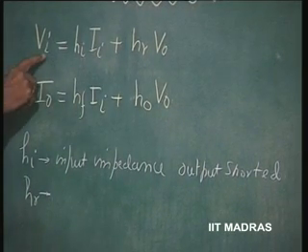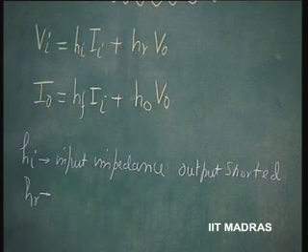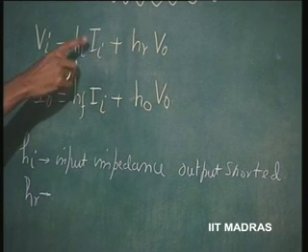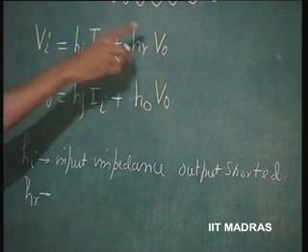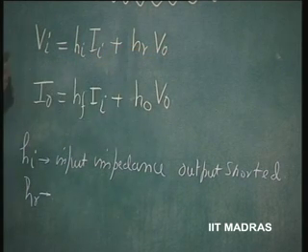Then Hr, it is relating Vi and V naught. When Ii is 0, that is input is open circuited, then if I apply a voltage V naught, how much of it is reflected at the input as Vi?